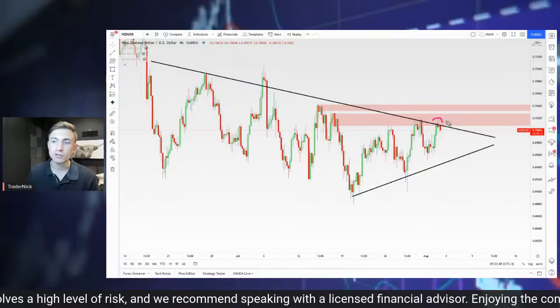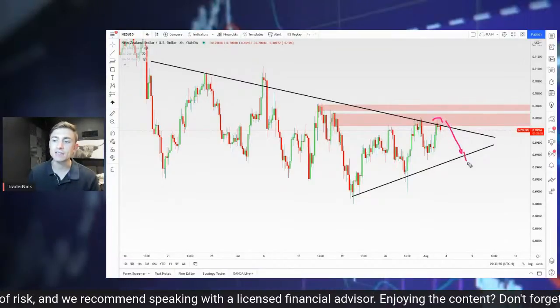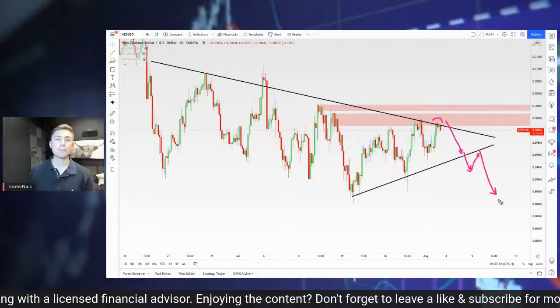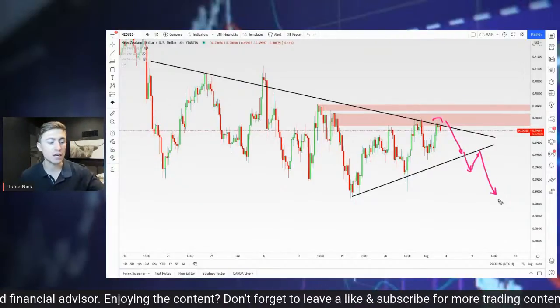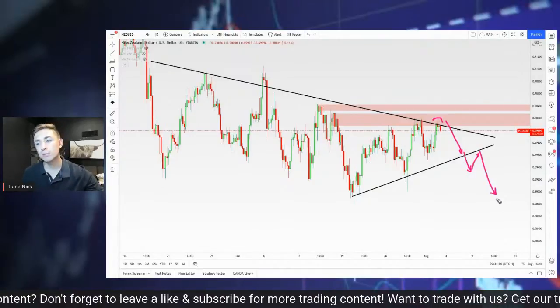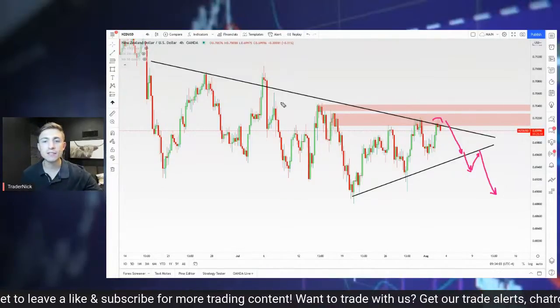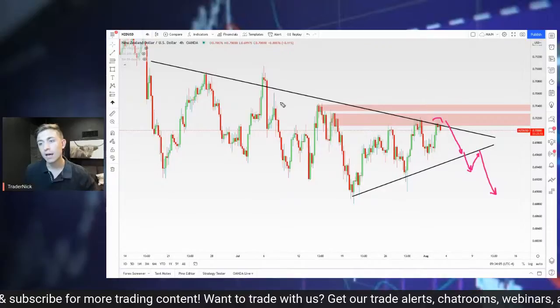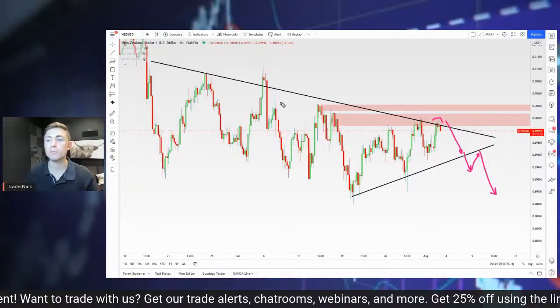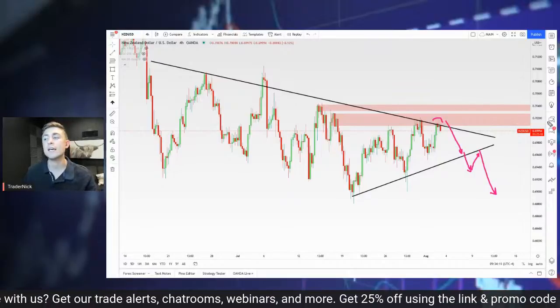Sellers are probably looking to roll over here on NZD USD and see price break underneath. Very much going to depend on what happens with the US dollar this week, as the US dollar is in focus on Friday with jobs numbers coming out. So a couple things to watch out for. I think that the NZD USD and AUD USD are very, very neutral for me because I am bearish on the dollar, but also sort of bearish on the Aussie and the NZD.